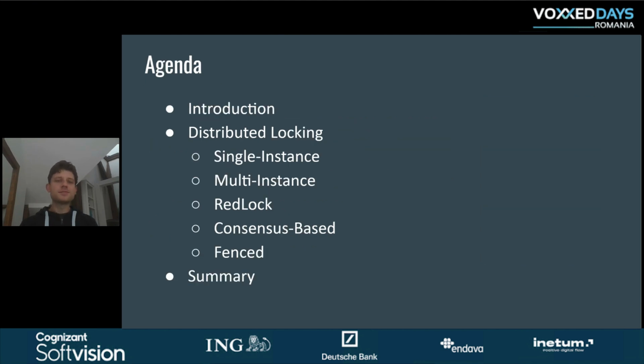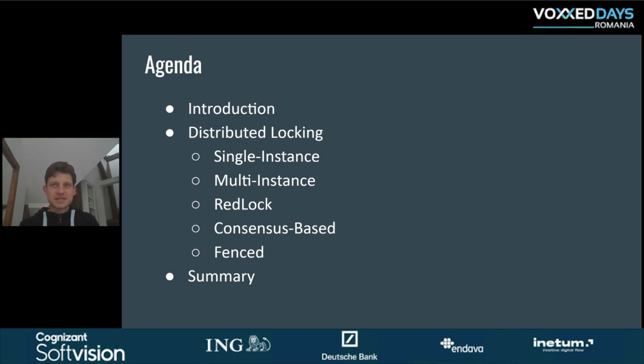So our talk today will be about distributed locking, and here's the agenda. It's pretty straightforward. At the beginning there will be a short introduction about distributed locking in general, and then I will walk through different approaches in the context of Java.